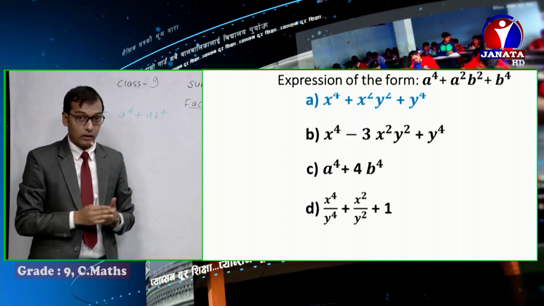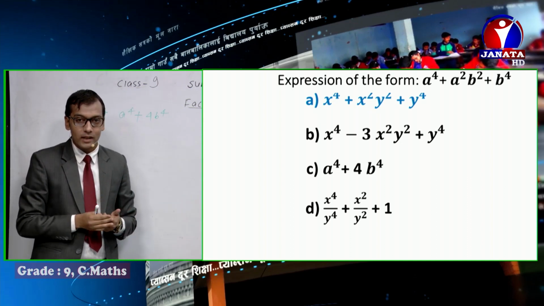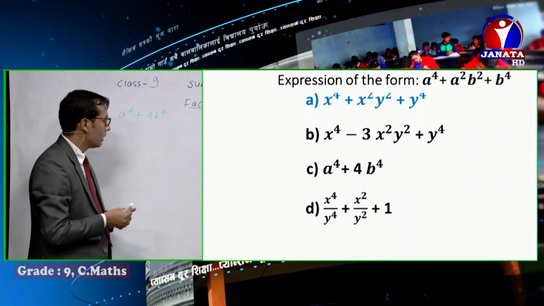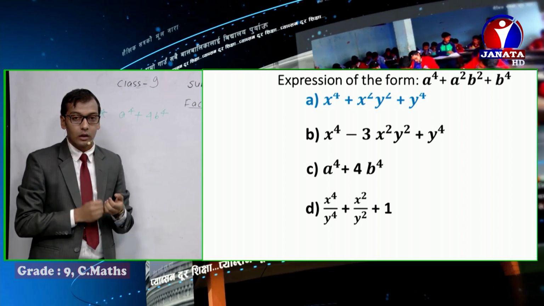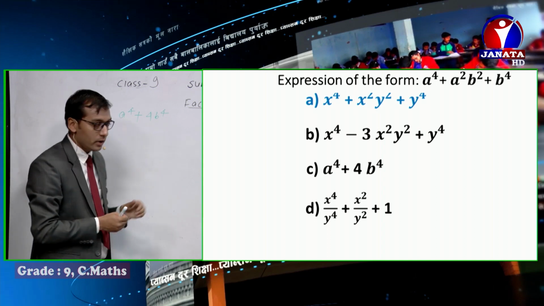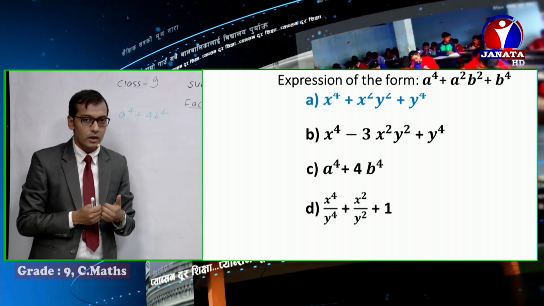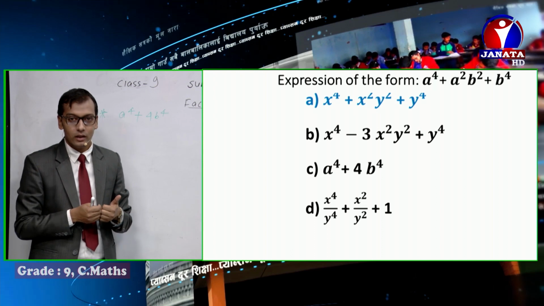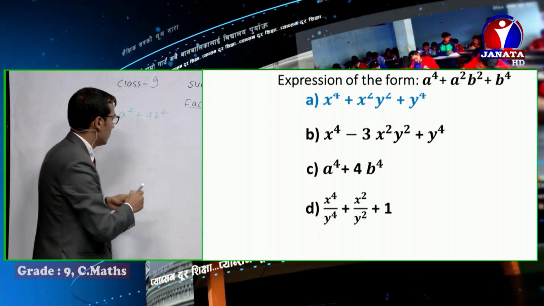Okay, let's think. How do we factorize this? Again, it's similar. Can we simply convert these two terms into a square plus b square form and factorize?